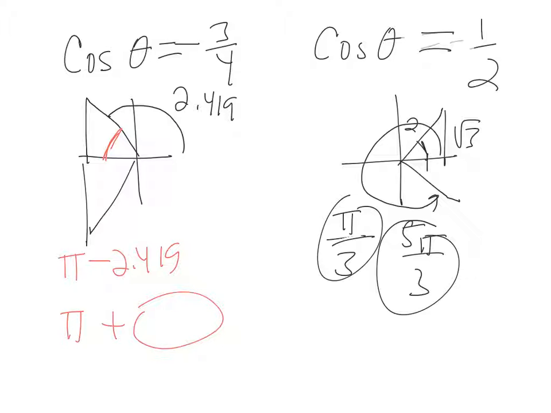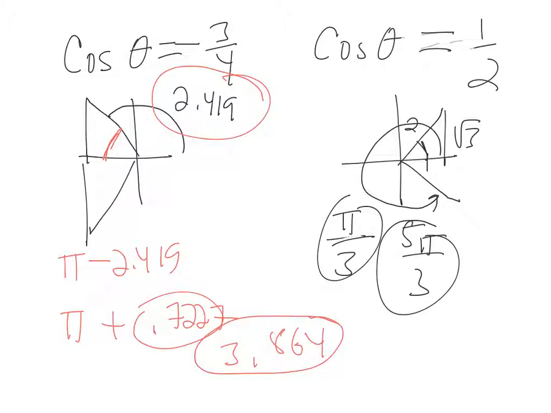So pi minus that answer, I'm getting 0.7227, and then I'm going to add that to pi, and I got 3.864. So that's a solution, this is a solution, and these two values are solutions.